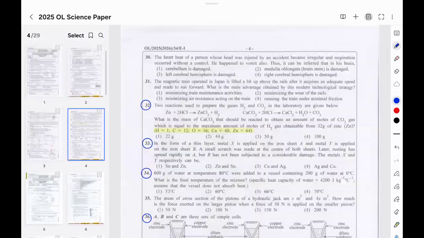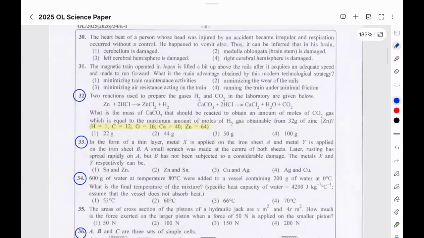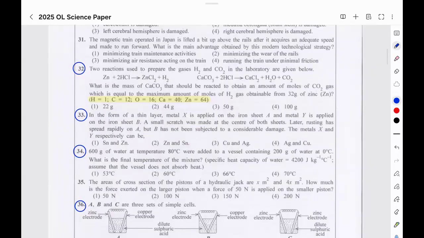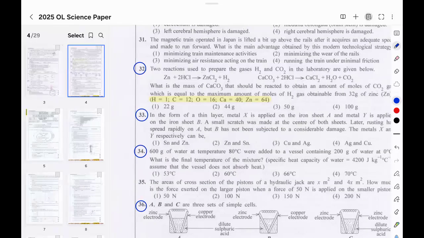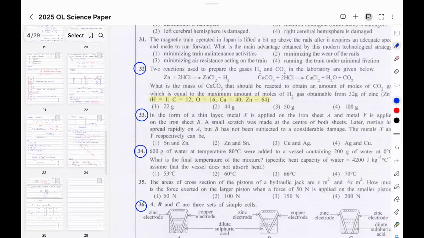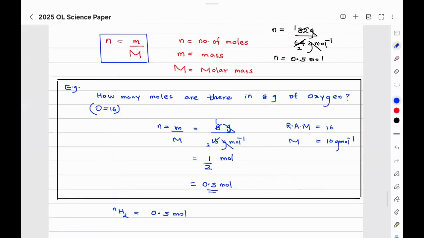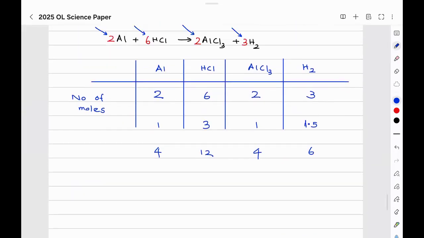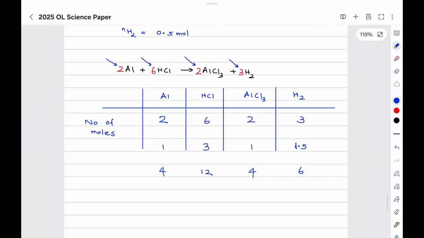Go back to the question. So they're asking what is the mass of calcium carbonate. That should be, still not clear. Okay, right. Let's do some calculations. Definitely. Now, this is about how many moles are reacting.